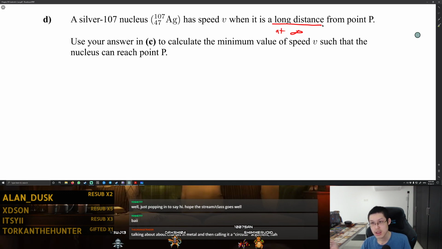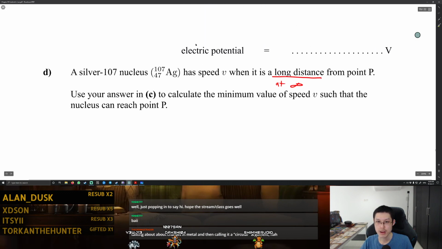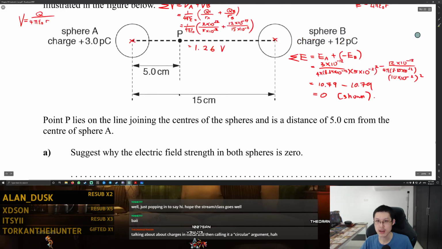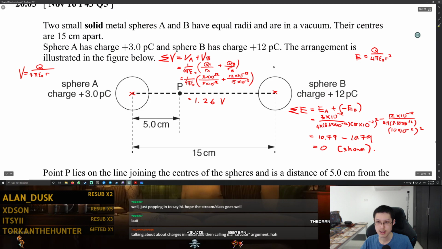Okay. Well, you can see that the nucleus, because they mentioned the nucleus, that means it has no electrons, which means it is positively charged. And you're moving it towards a region with positive electric potential, right? Because these two things are positive as well.